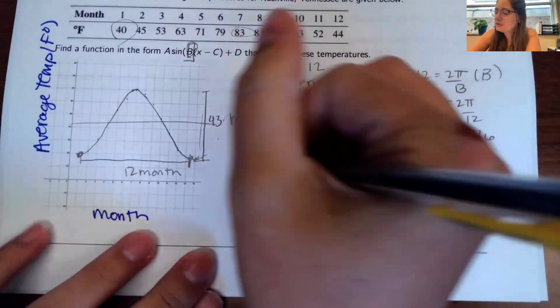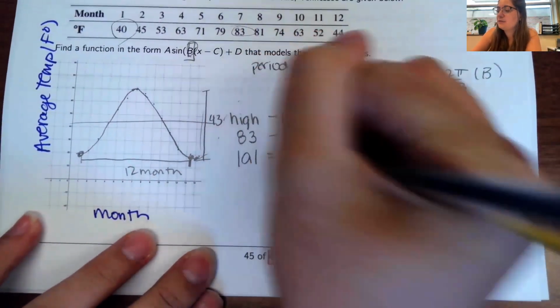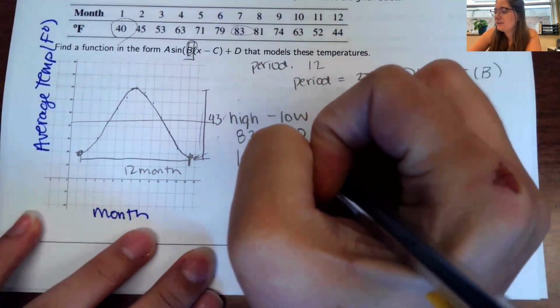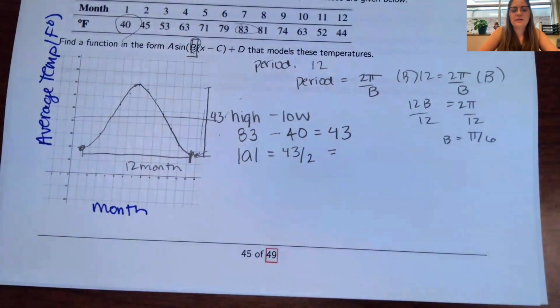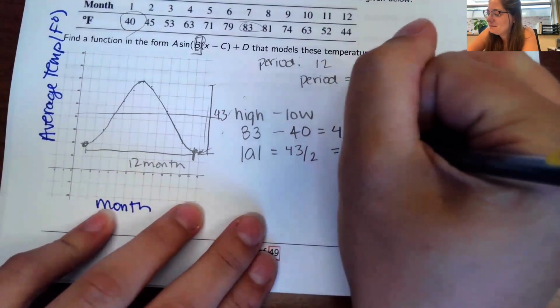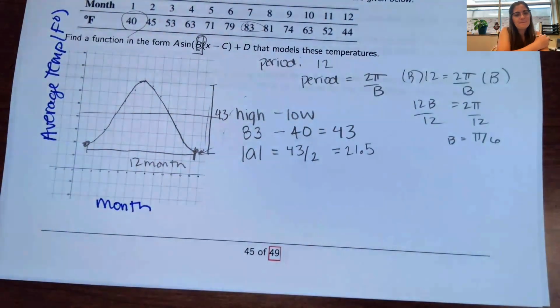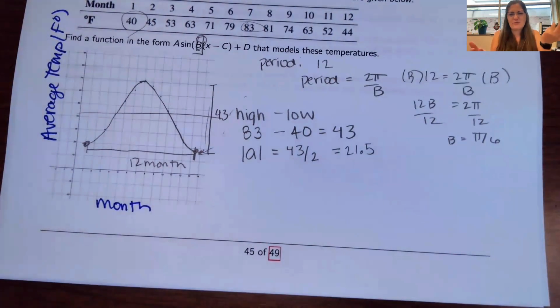Then the absolute value of my amplitude is going to be 43 divided by 2, which I should have done ahead of time. 43 divided by 2 is 21.5. I don't quite know yet if this is going to be negative 21.5 or 21.5. I don't know yet if I want a reflection, but we can think about that later.